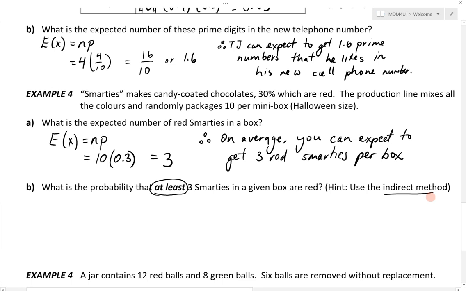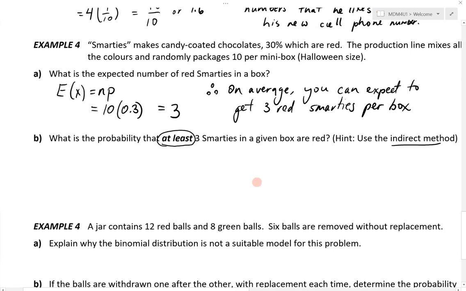So before we can do any of these formulas, I need some values. So the probability of success is 0.3, so that's my P. The Q value is the probability of failure. So out of 100%, if 30% is the probability of success, then 70% must be the probability of failure. We're going to do 10 trials, so we're putting 10 Smarties in a mini box, and we're interested in the distribution, the outcomes of having 0 to 2 red Smarties.